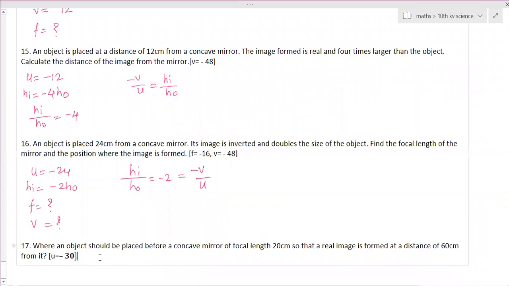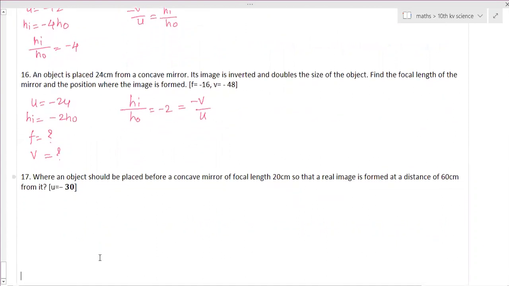Ma'am, is the 17th one 30 centimeter in front of the mirror? Yes, minus 30 centimeter.